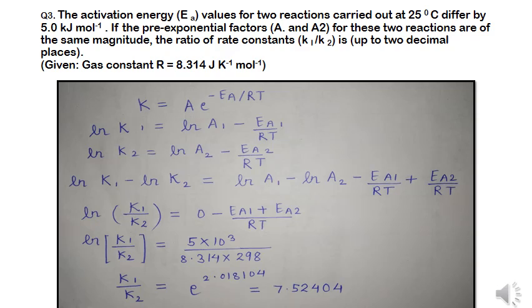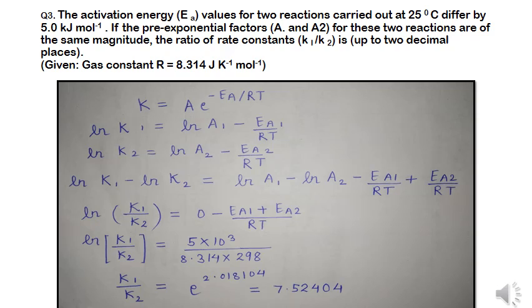Before we put in the individual values, let us take the natural logarithm of both the sides, so that it eases the calculation. ln of k1 is equal to ln of A1 minus Ea1 upon RT, because natural logarithm of e is 1.